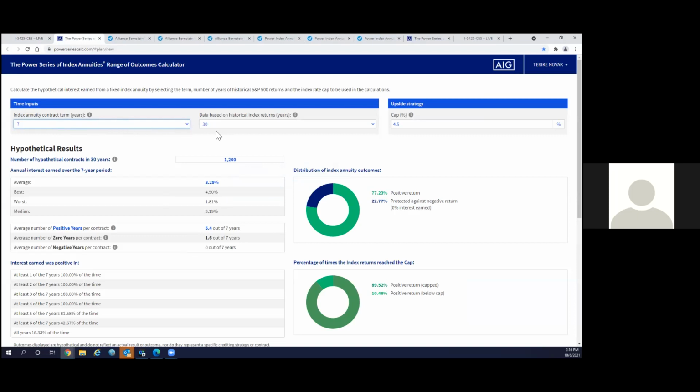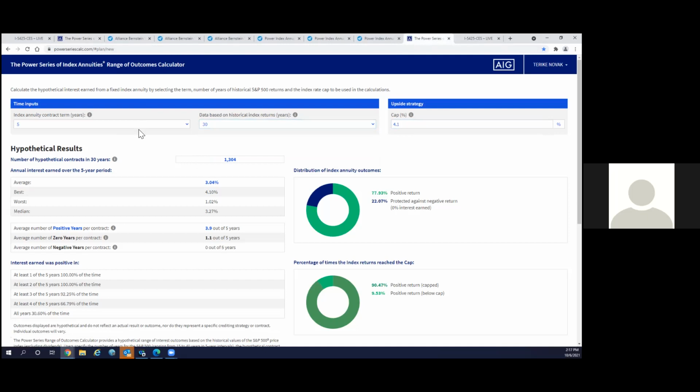The data is based on index returns of the S&P 500. Keep in mind, this is live S&P 500 historical returns going all the way back 40 years. And a cap, depending on the cap of the index annuity you're working with, we can plug that in as well. So I did that here, and I plugged in our 5-year index annuity.